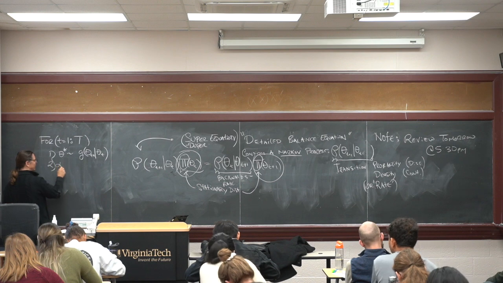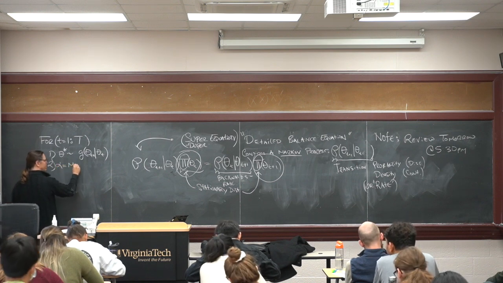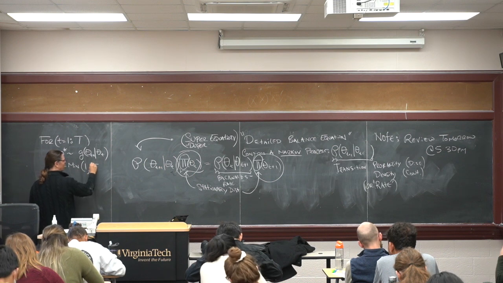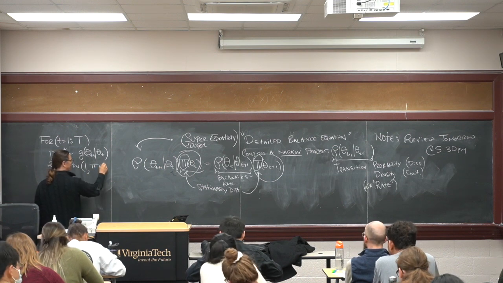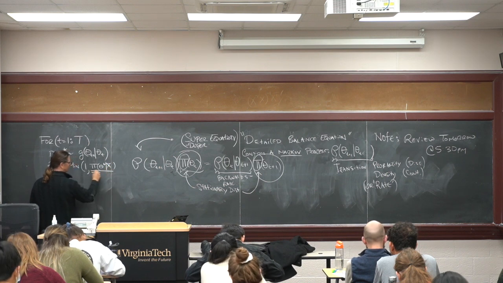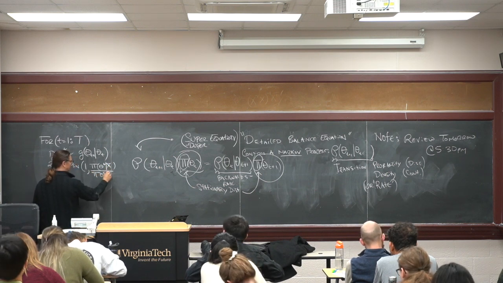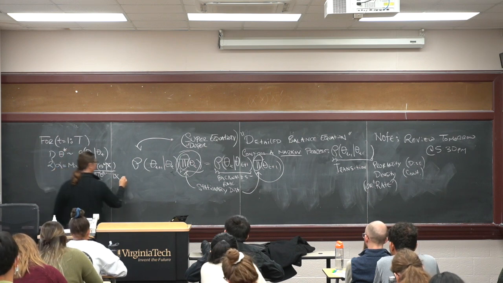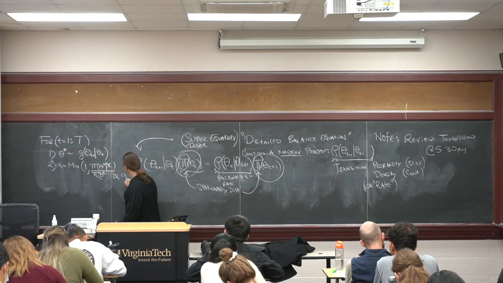and then I'll write down my acceptance rate. This is going to be the min of 1, pi theta star given x over pi theta t-1 given x. And then I would have to deal with my proposals.